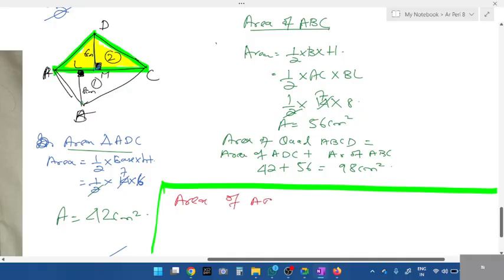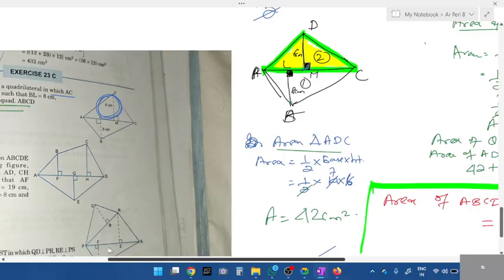Area of ABCD is equal to which two areas you have to add? Area of ADC plus area of ABC. Write this statement. Next, what is the area of ADC? Half into what is base? AC into what is height, students? For ADC, what is the height? Look at the diagram.